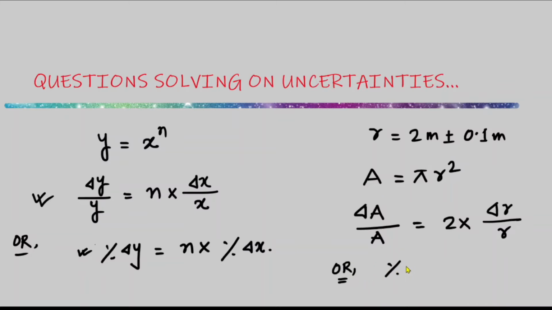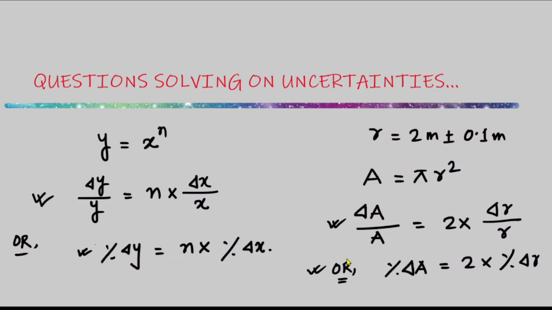Or we go with another formula in terms of percentage uncertainty, that is percentage uncertainty of area is 2 times the percentage uncertainty of the radius. So whether you go with the rule of fractional uncertainty or percentage uncertainty, you multiply the power with that fractional or percentage uncertainty.